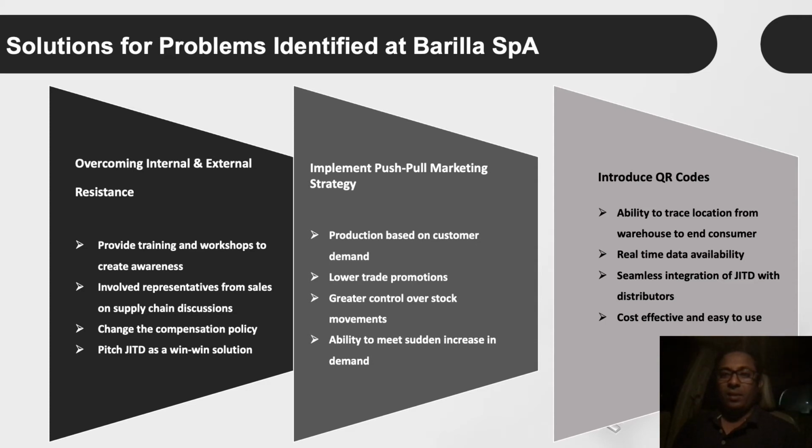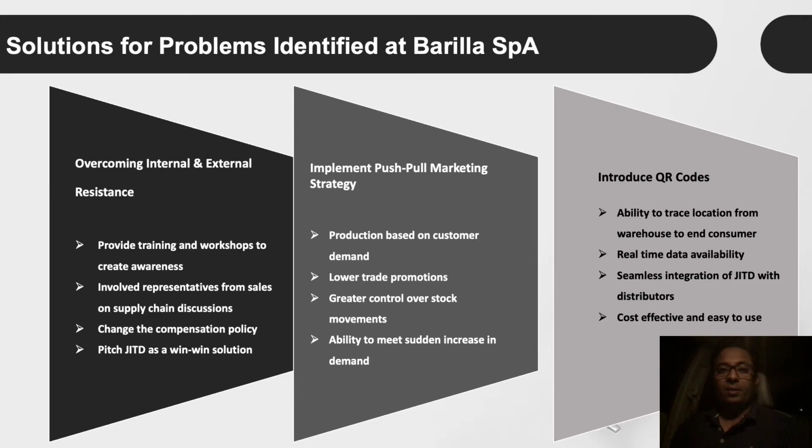This will allow Barilla to have greater control over the stock movements, while distributors too will have leeway in negotiating for better deals. It will allow Barilla to forecast better based on customer demand, seasonality, and region to meet both regular demand and the sudden increase in demand. Finally, this solution will create a win-win solution for both parties.